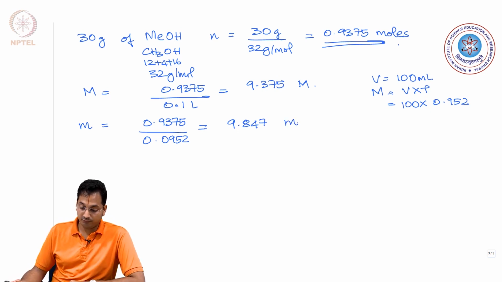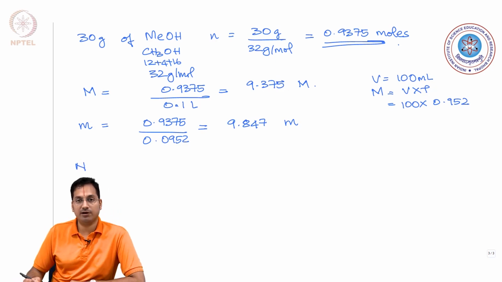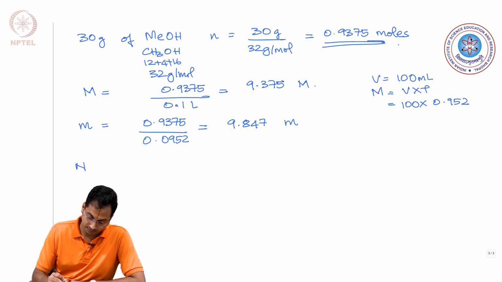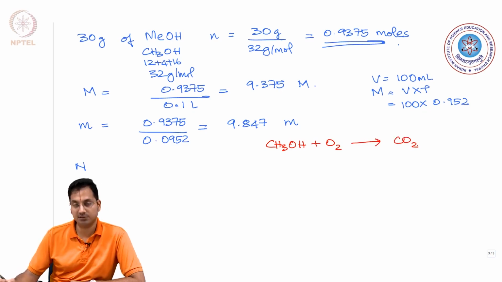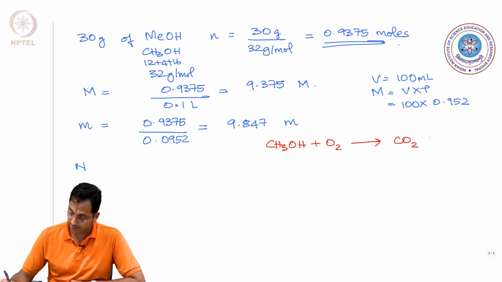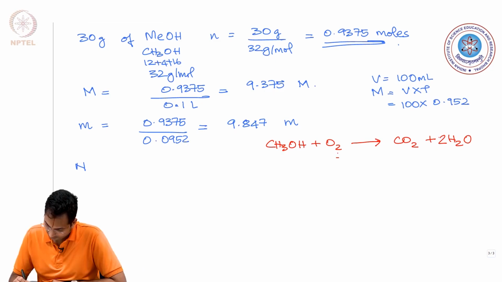Now, to understand which reaction we are going to determine normality for, let us take for an example, we are doing combustion of methanol. In combustion of methanol, methanol reacts with oxygen. Let us assume complete combustion. We can also do the normality for incomplete combustion a moment later. Complete combustion will give you carbon dioxide. So, this has to be equal to 3.